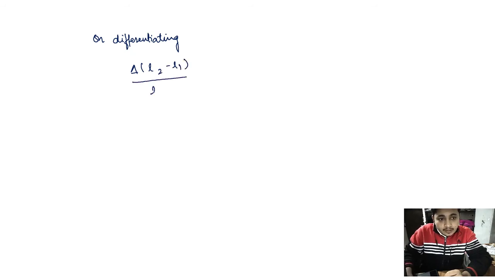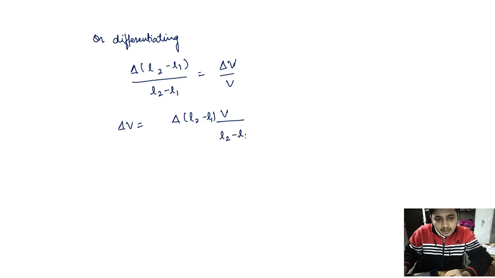On differentiating this, you would get delta of L2 minus L1 divided by L2 minus L1 is equals to delta V by V. We want to know the value of delta V, so make delta V the subject. So delta V is equals to delta of L2 minus L1 into V divided by L2 minus L1.